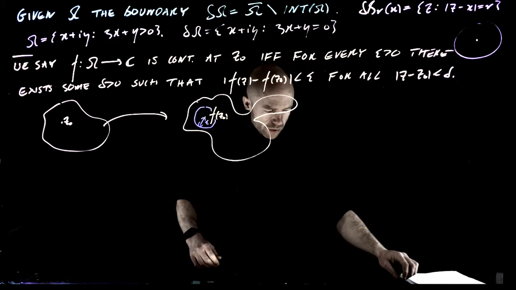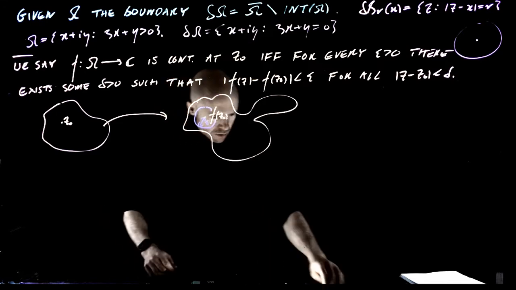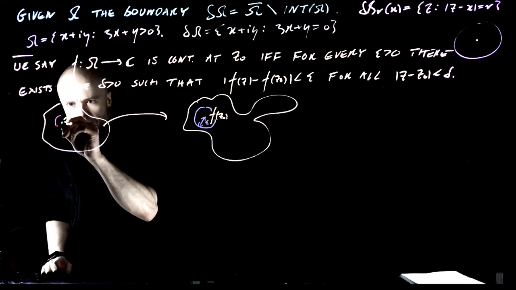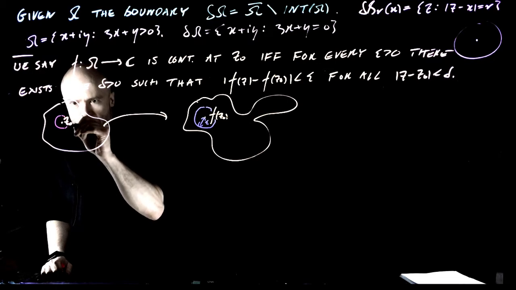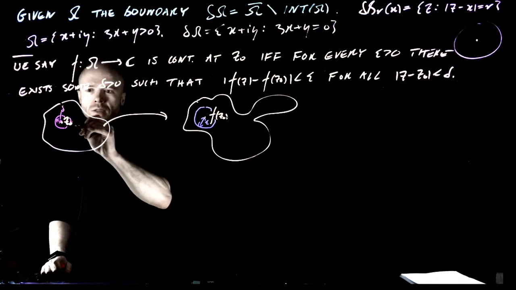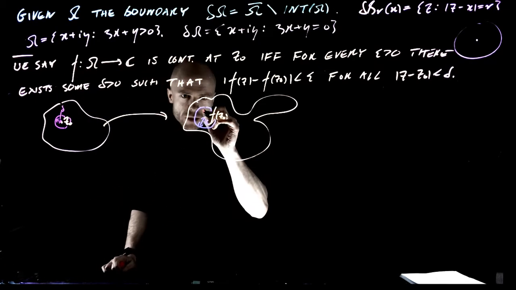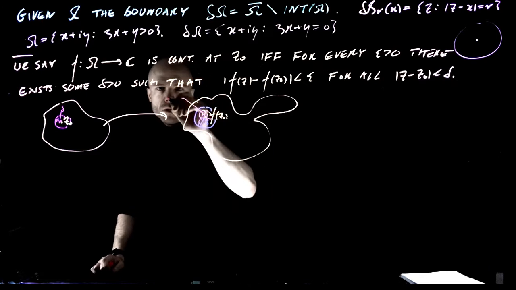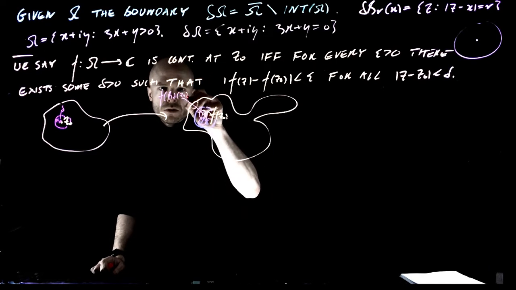So in pictures, that is saying that we can put some little delta ball around z0, such that the image of this little ball is contained inside this ball. This thing right here is f of the delta ball around z0.